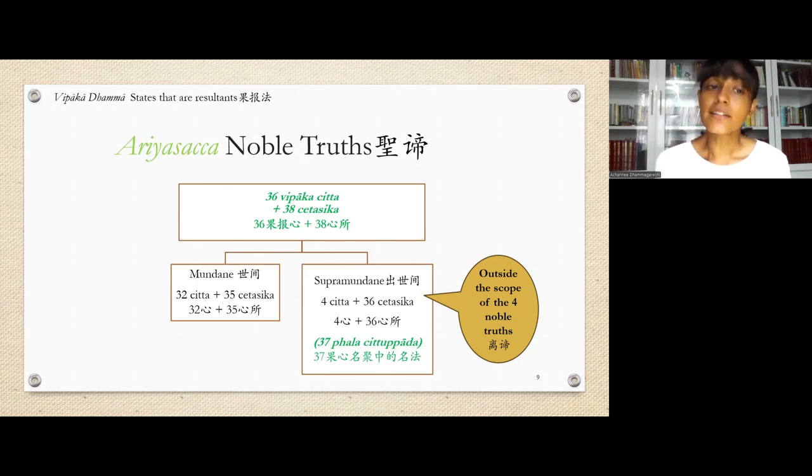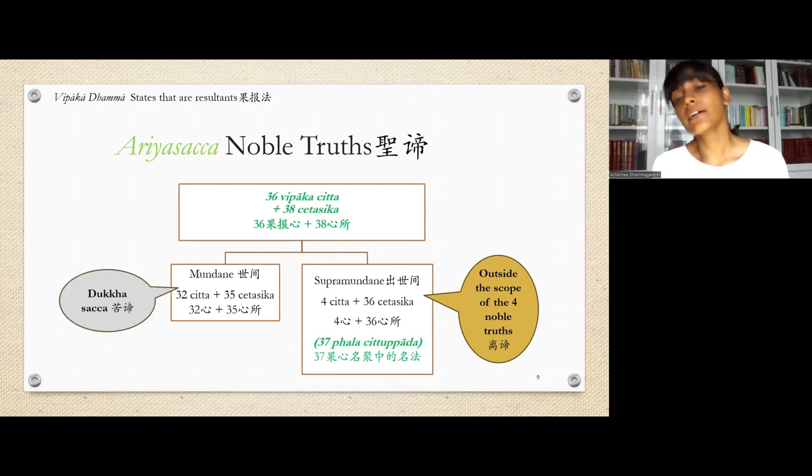So under ariya sacca, all of these mundane chitta cetasika are classified under dukkha sacca. And the supramundane, the 4 phala chitta and the 36 cetasika are outside the scope of the 4 noble truths.